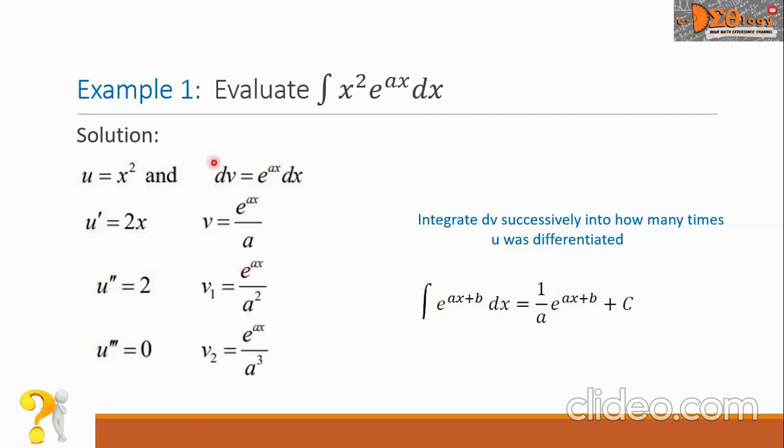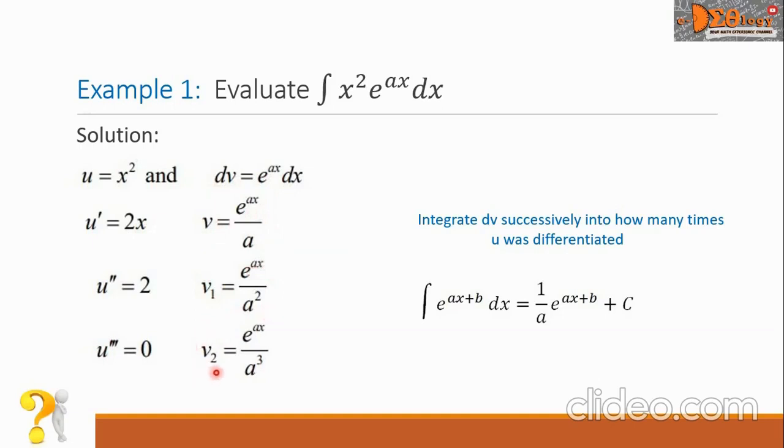The v here is the integral of dv, and the integral of e raised to ax dx is now e raised to ax over a. This v sub 1 here is the integral of v. The integral of e raised to ax over a is now e raised to ax over a square.